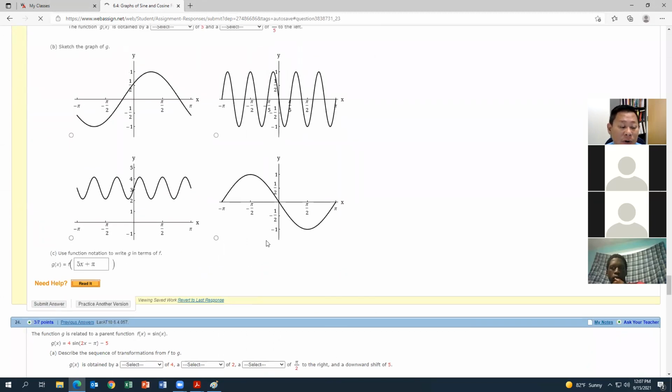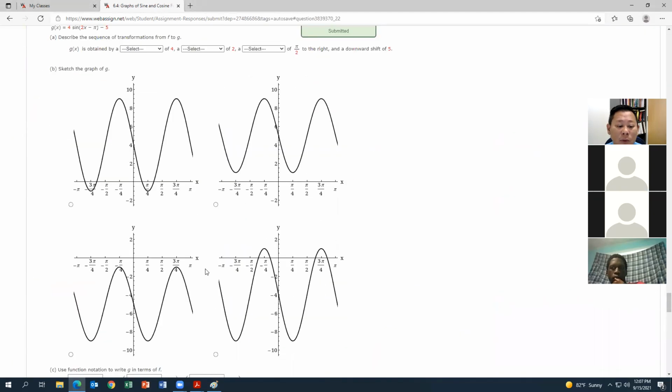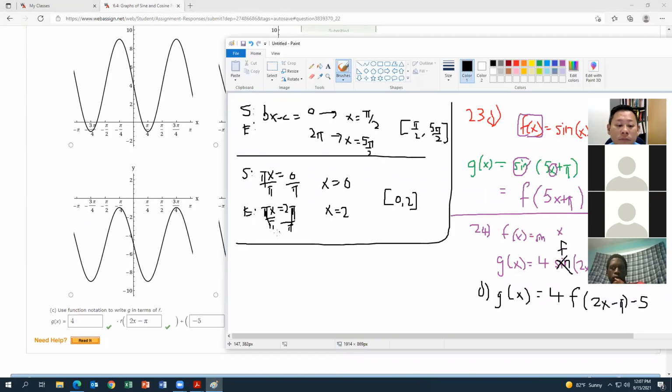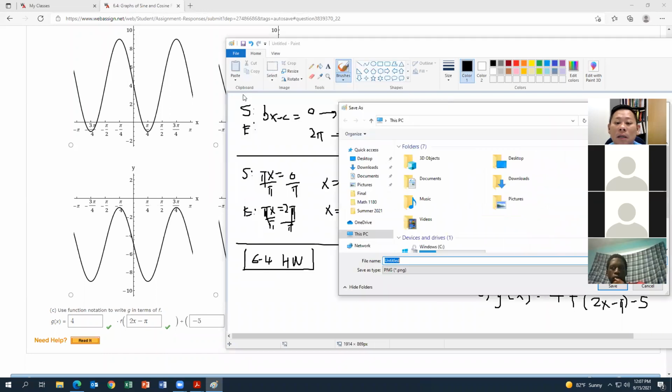Anyone have any more questions for me? Anyone have any questions for me? So this is 6.4 homework. I'm going to save this, so if you need to refer back after class, you may. Let me save this.